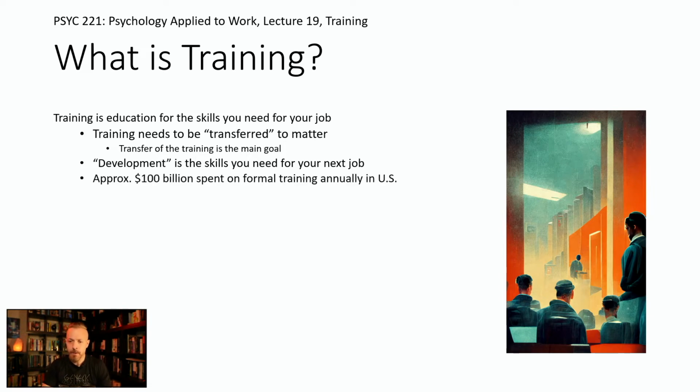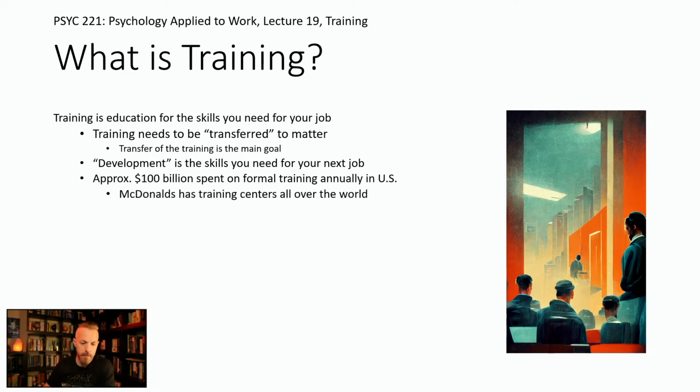All right, so the United States spends about $100 billion a year on formal training, and that's just the formal training. That's where an organization actually has a bill associated with it, or they've dedicated a certain number of staff to it, and they can account for it.